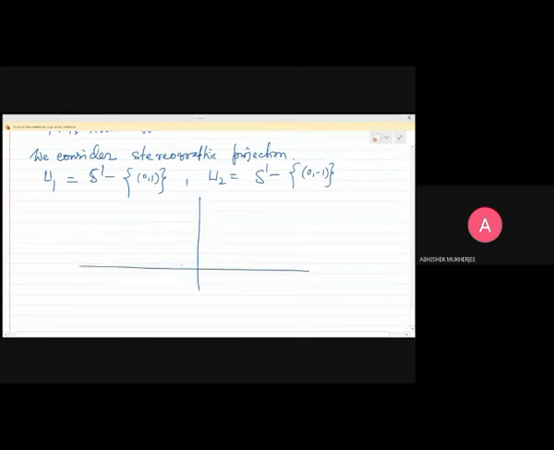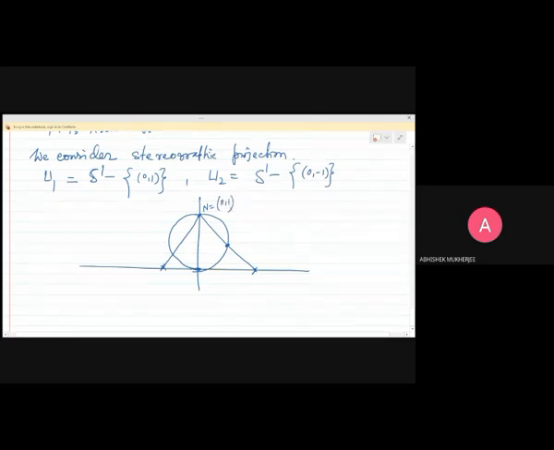So what is U1? U1 is S1 minus (0,1). That is, it is punctured at the north pole, (0,1).